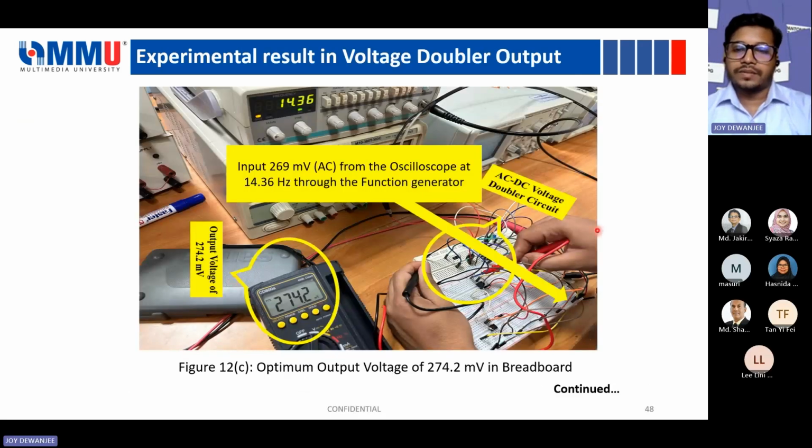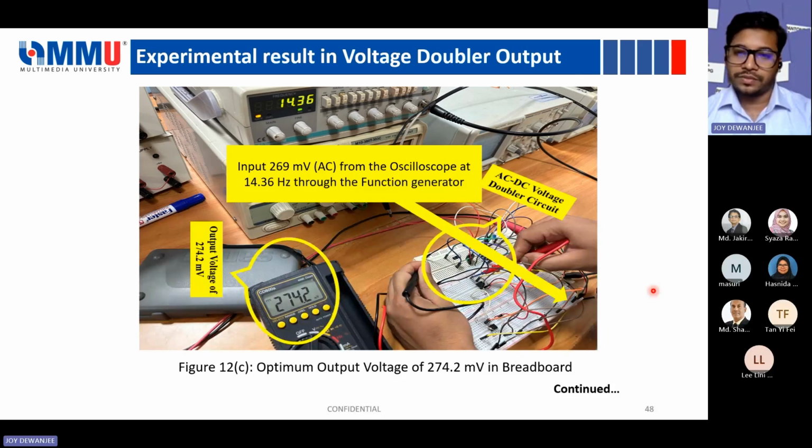So at first, the AC/DC voltage doubler circuits. These are the AC/DC voltage doubler circuits. We have found 274.2 millivolt. Sorry, 274 millivolt is the voltage doubler circuit output DC. So basically, it's a very good thing, similar to the voltage we found in simulations.